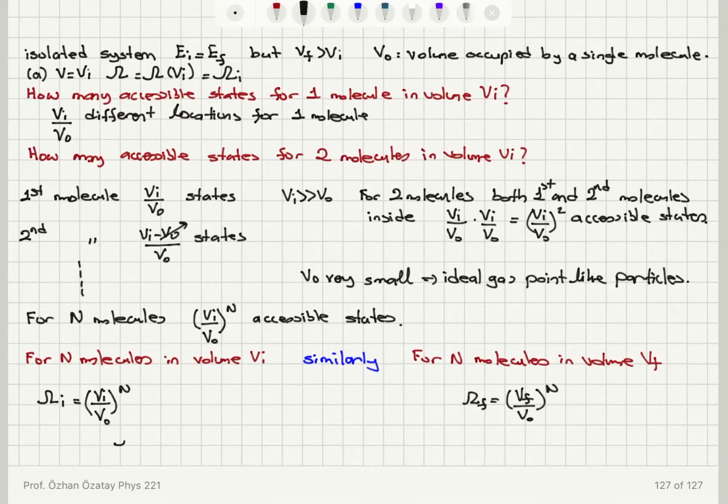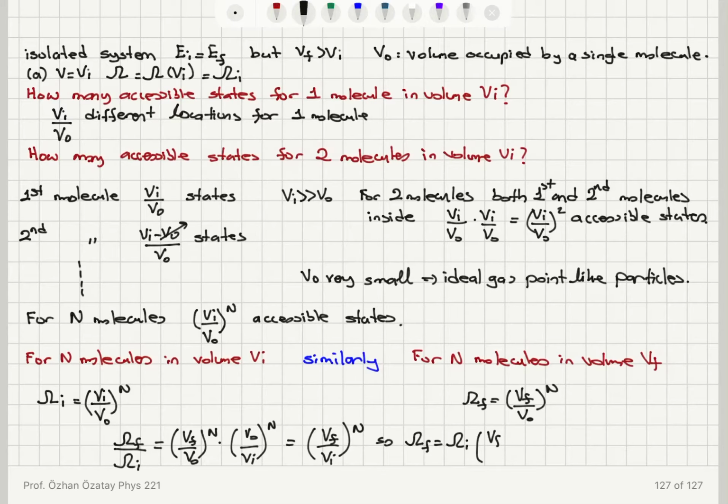So if you consider omega final over omega initial, the ratio of the accessible states, it is V final over V0 to the power n times V0 over V initial to the power n. This is V final over V initial to the power n. So omega final is omega initial times V final over V initial to the power n. This is how the number of accessible states changes with volume.